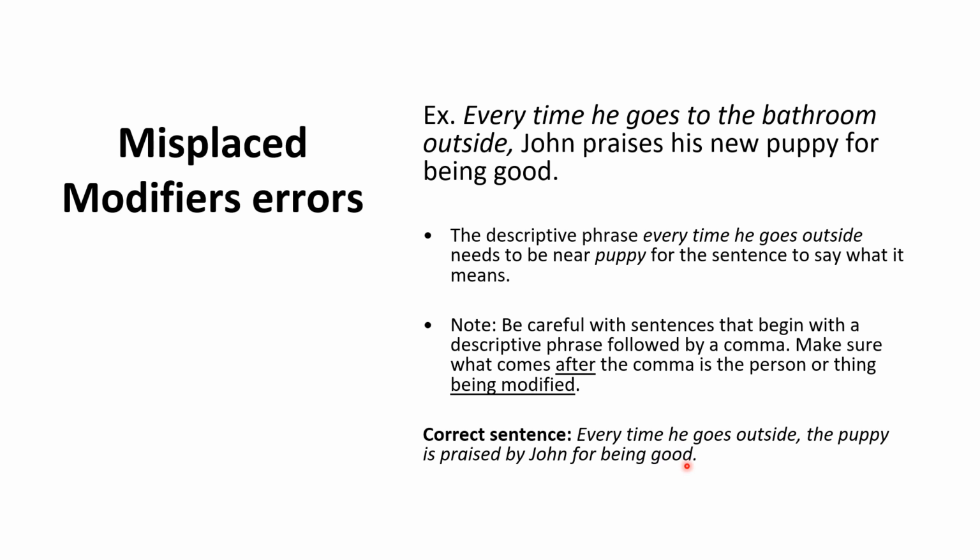for being good. Which of the two makes sense? Is it this construction or this one? Right? Definitely this one makes sense better than this one. Okay. Why would John praise the puppy every time he goes out? It doesn't make sense. But what about this one? Every time he goes outside, the puppy is praised by John for being good. What does it mean?